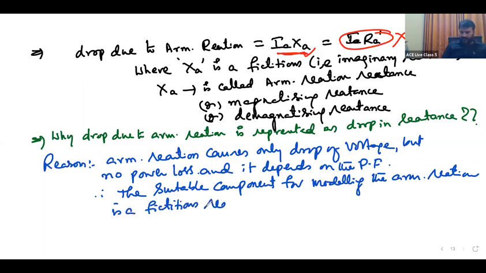Okay, that's all. You will say the drop due to armature reaction is modeled with a fictitious reactance, not fictitious resistance, fictitious inductance or fictitious capacitance. It will be a fictitious reactance. Right? So with this, we have completed armature reaction.